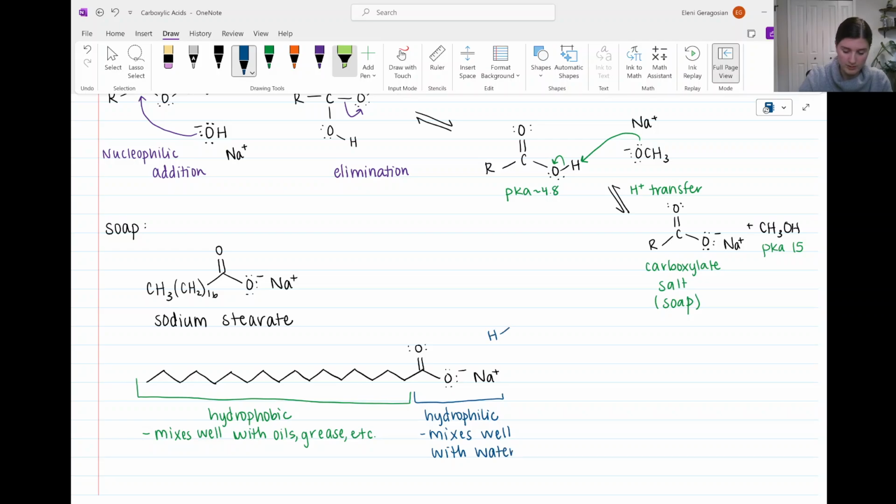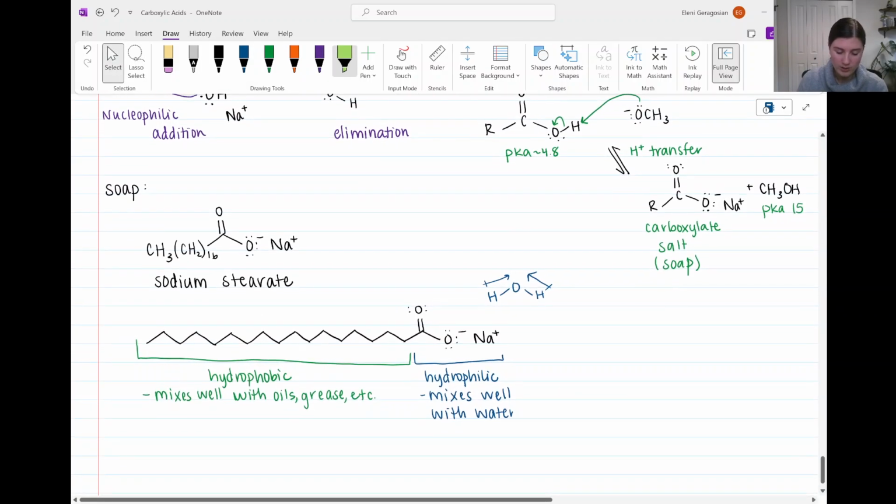Remember, water is a very polar molecule with hydrogen bonding capability. So this polar end of the molecule is hydrophilic. It will mix well with water. We also have a hydrophobic part of the molecule.